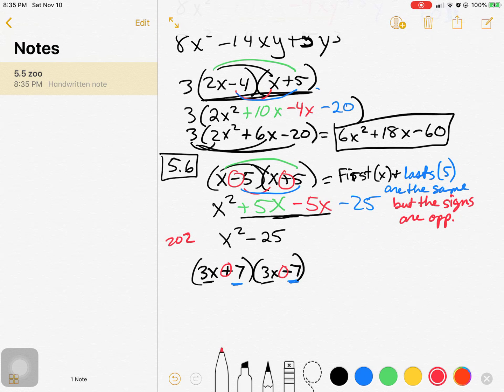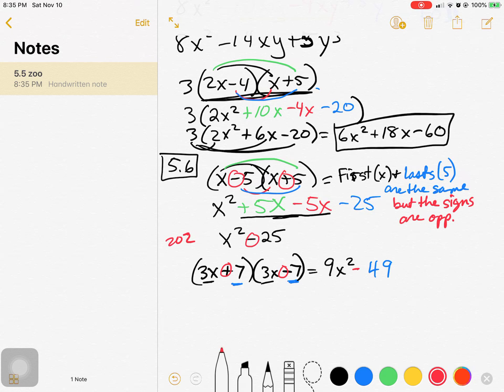That means you're going to get the square of the first. 3x times 3x is 9x squared, right? 7 times 7 is 49. And remember, our final answer has a negative in the middle.